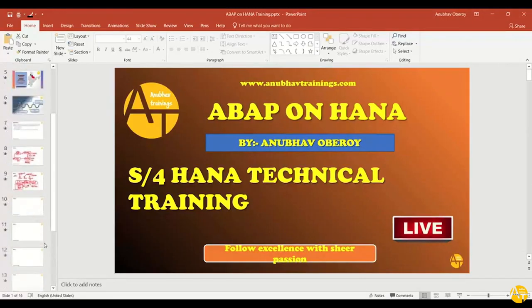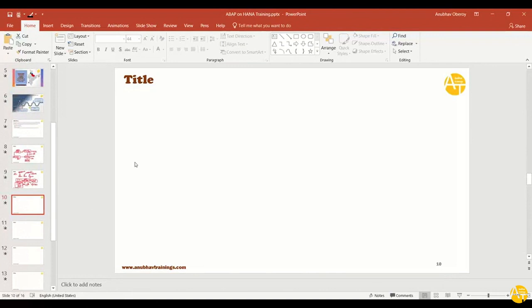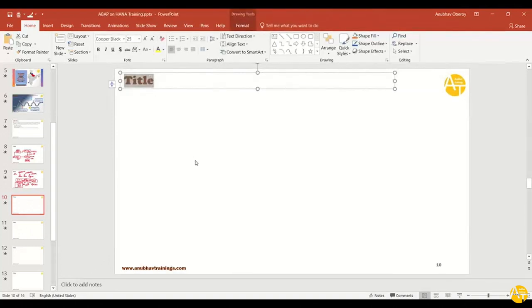So what is SAP HANA, why ABAP on HANA, and how did SAP HANA come into the picture? Let's understand what SAP HANA is, its main power, and how ABAP on HANA or SAP HANA is becoming so popular in the market.